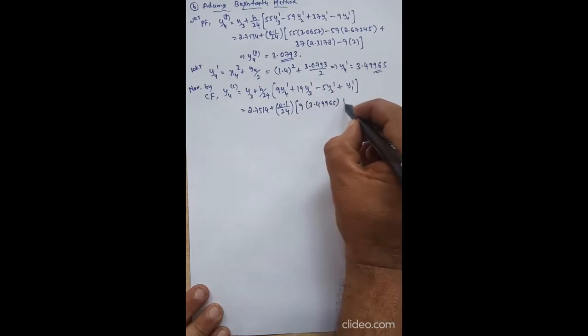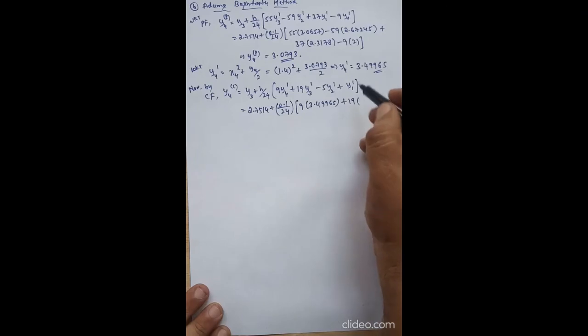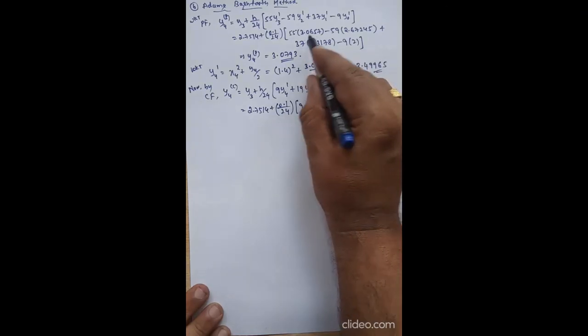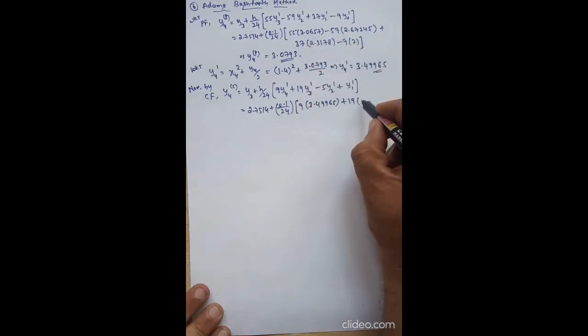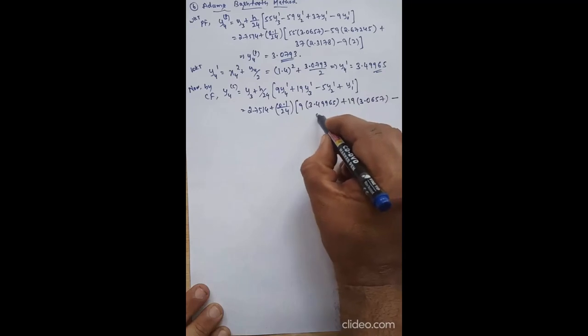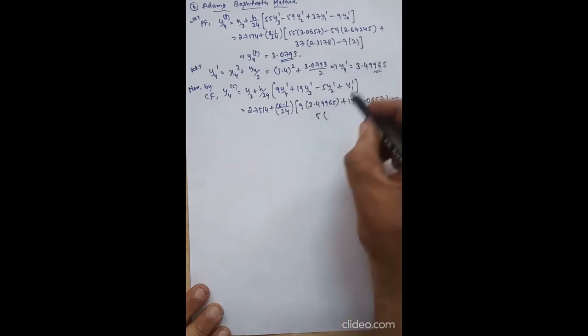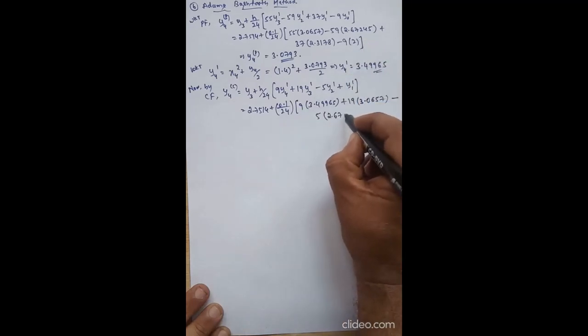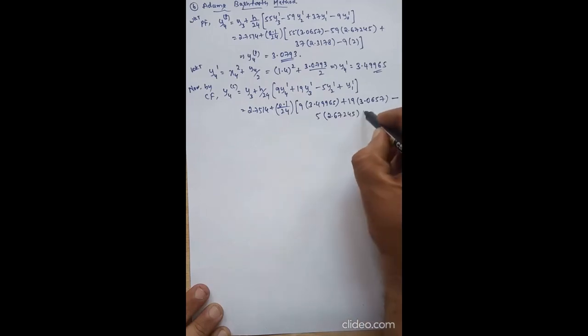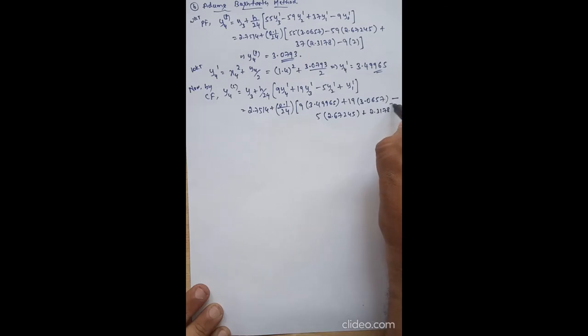3.49965 plus 19 into y3 dash. So y3 dash already we have substituted. Let us use the same value, 3.0657 minus 5 y2 dash. y2 dash is 2.67245 plus y1 dash, and y1 dash is 2.3178.